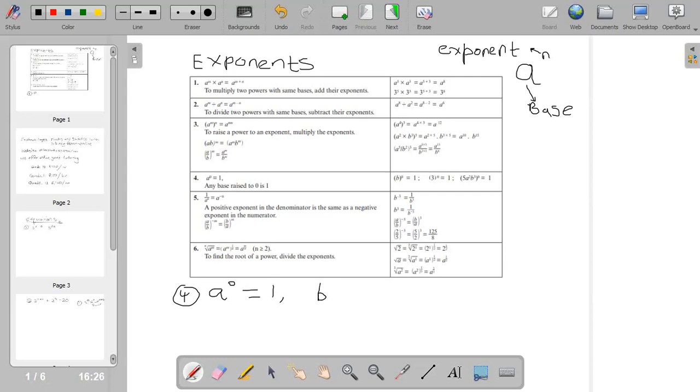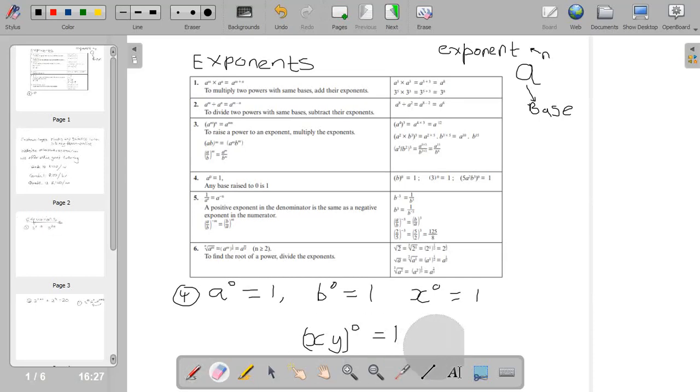For instance, b exponent 0, the answer will be 1. x exponent 0, the answer will be equal to 1. And x y all to the power 0, the answer will be equal to 1. So if we have a base that's raised to the power 0, the answer will be 1.